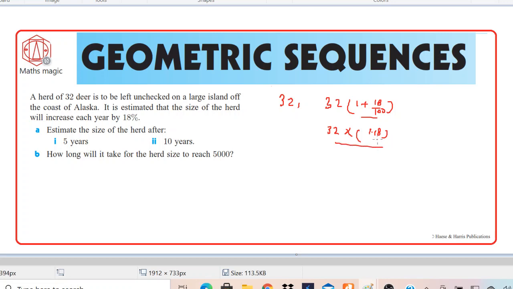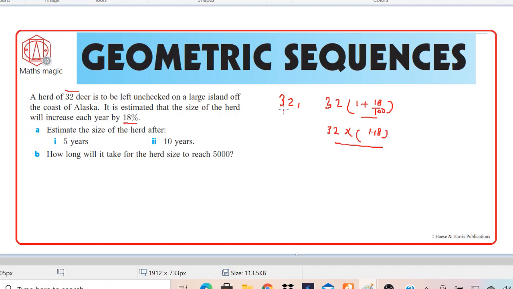So how do we have to proceed with this? As you remember, this value 32 is the initial value which is left unchecked on a large island off Alaska, and it's increasing by 18% each year.